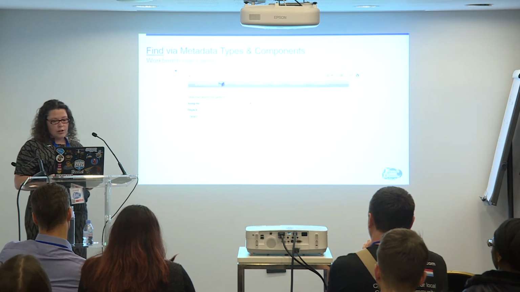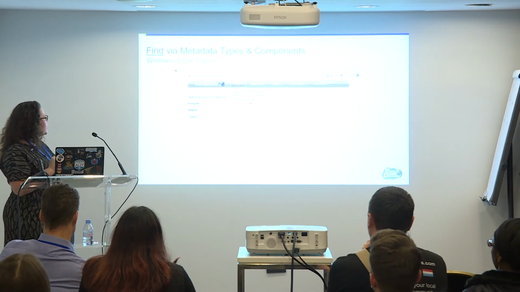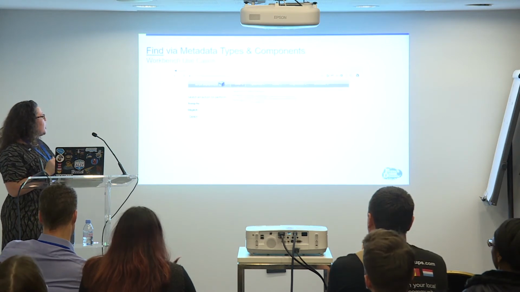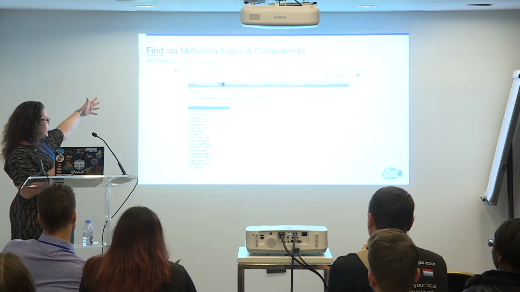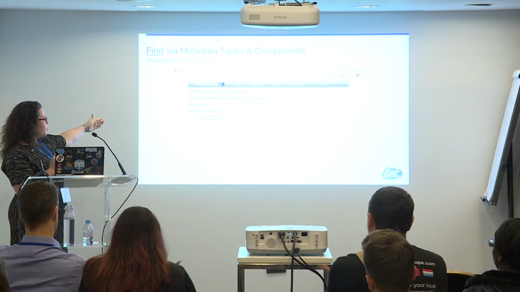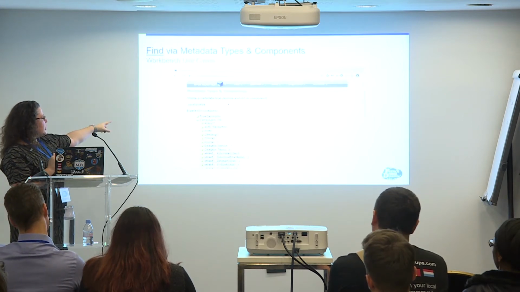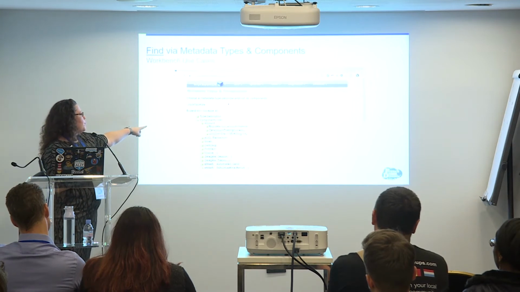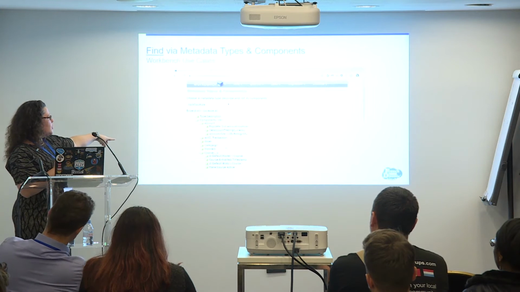So let me just show you this here. There we go, it's working. So you go to meta types and components, which describes the components in your org. Now you can see here we've got a long list of the different types of meta types we've got in our org. We go to workflow, and you can see 35 objects in this Salesforce instance have got workflows attached to them.